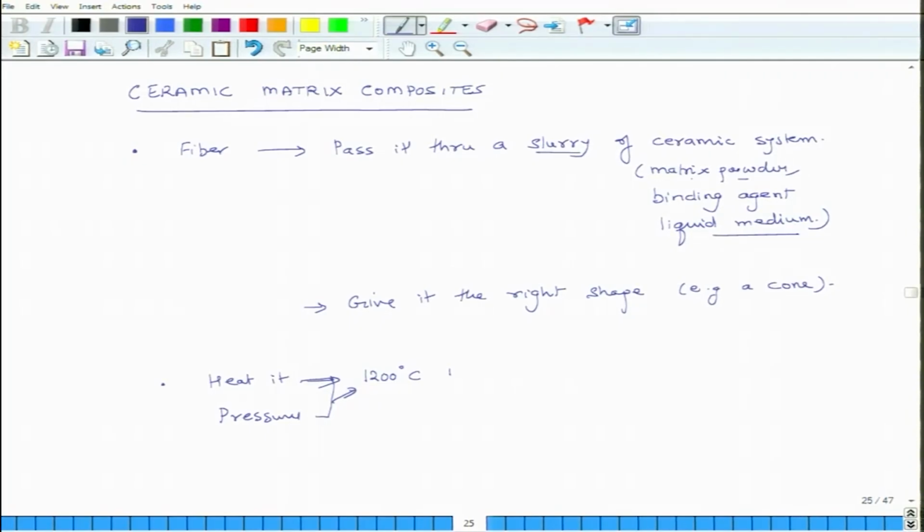At elevated temperature, what else happens? The binding agent's job is not to bind the matrix and the fiber at elevated temperature. It is not stable and decomposes at elevated temperature. It keeps things in place at regular temperatures. Let us say you have a fiber; I am going to enlarge the cross section of the fiber, and then you have the matrix.